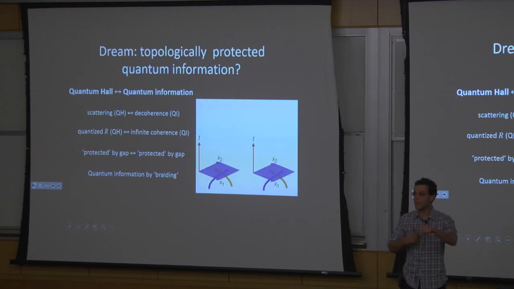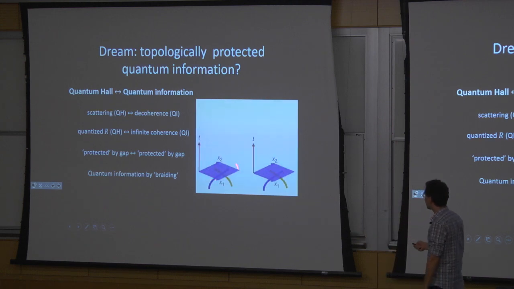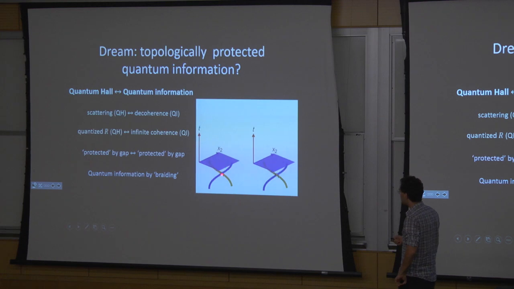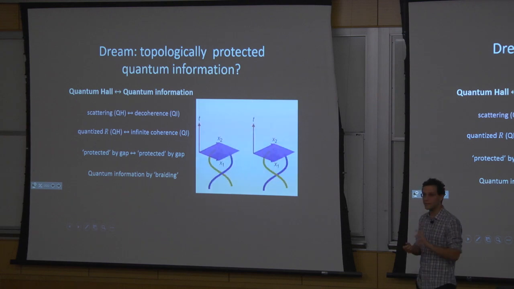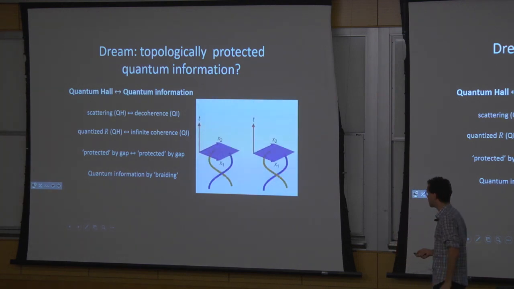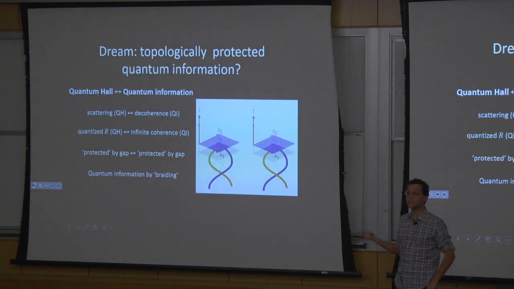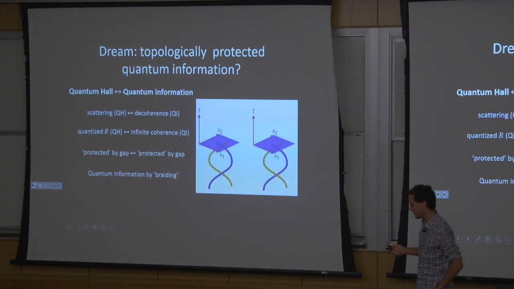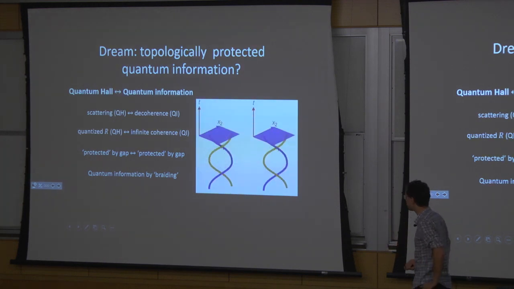You adiabatically move them around each other, and there's clearly a quantized difference in how many times one line goes over the other. You can put this on a more formal setting by talking about invariance of certain knots, but that gives you an integer, and it can't be something that's not an integer unless you cut the whole thing, which is like saying the quantum Hall has to be an integer unless you do something very violent.